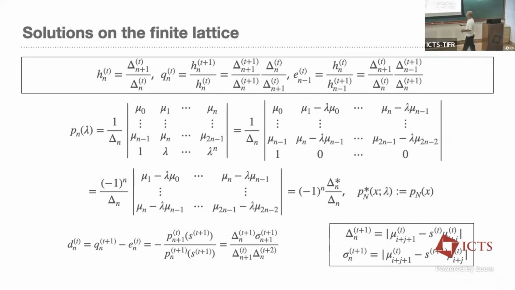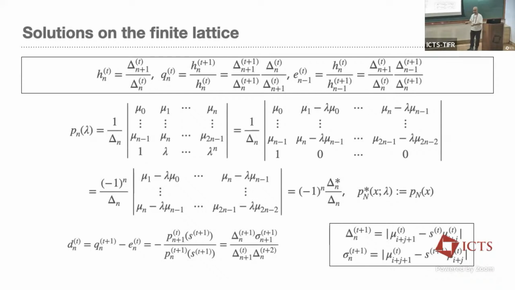So you see, this one is mu_1 minus lambda mu_0. This is just a new moment from the L star. So it just coincides with the time evolution starting from the Christoffel transformation. So in some sense, in this case, P_n(lambda) can be written in this way. So delta_n is the Hankel determinant, and delta_n star is just the time-shifted one.